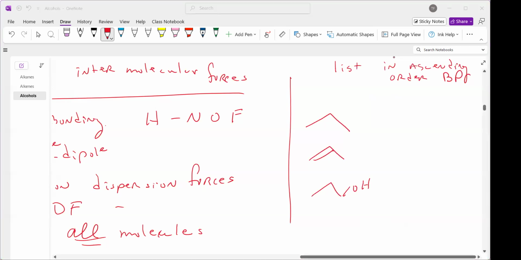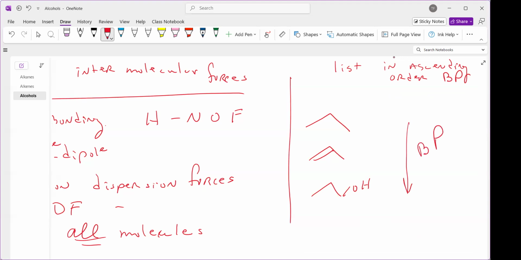Not only an oxygen, but a hydrogen attached to it. So, as we go down, increasing boiling point, because there's more and more intermolecular forces at play. If we had an acid here, it would be stronger. Okay, now along with boiling point is surface tension.